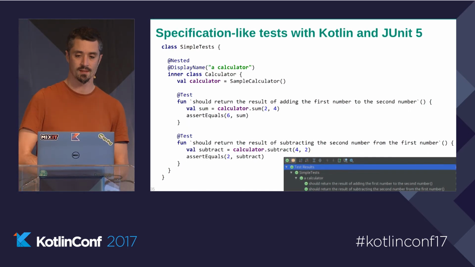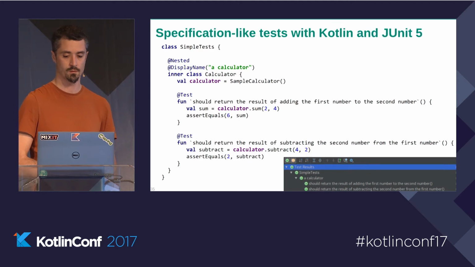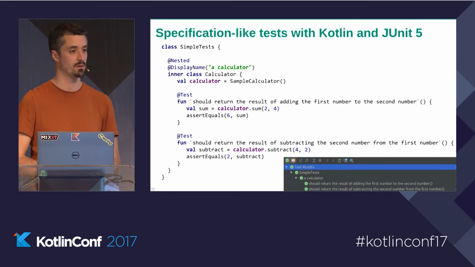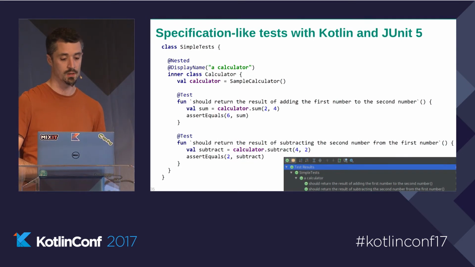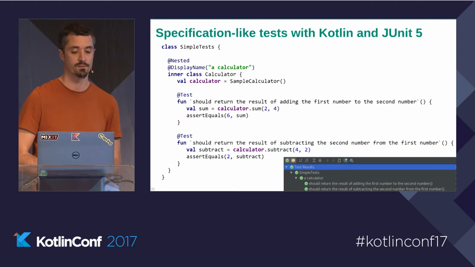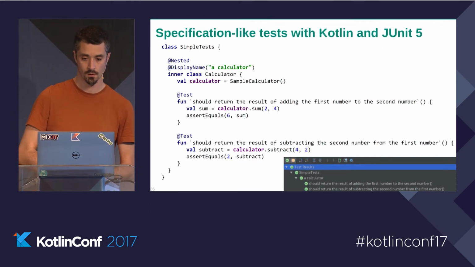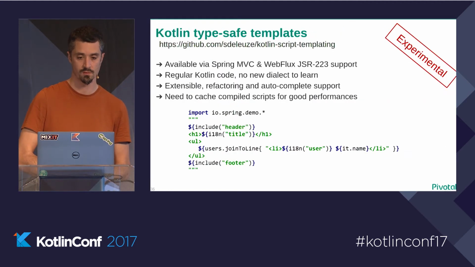So I tend to think that JUnit 5 plus Kotlin is a good bet because it supports nested classes to write this kind of specification-like test. You can use expressive function names with backticks, and you end up with pretty nice specification-like test capabilities. So yeah, feel free to try it. That works pretty well from my experience.